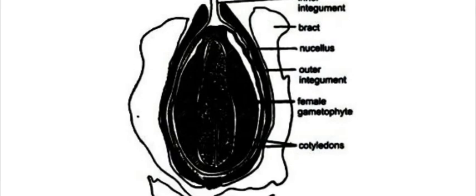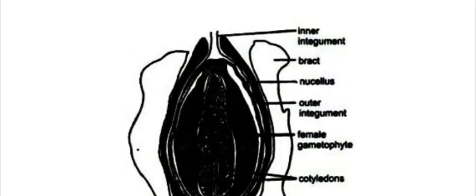This is the longitudinal section of the seed, in which in the central part the embryo is present, which consists of two cotyledons.